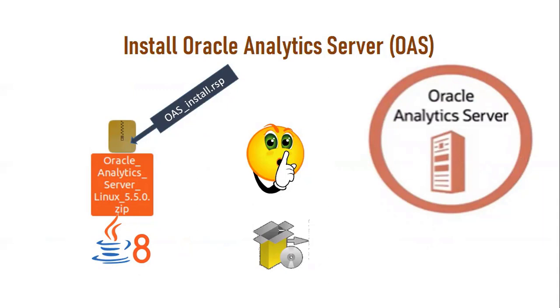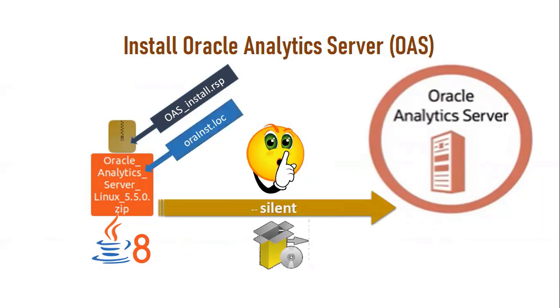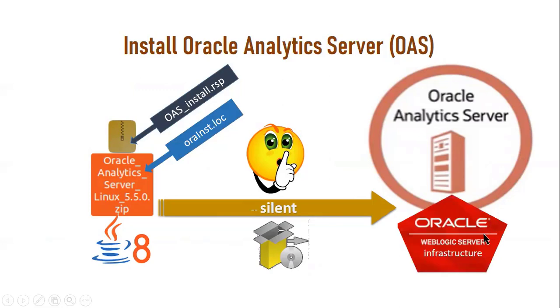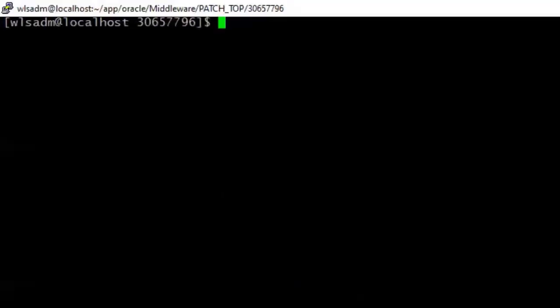Install Oracle Analytics Server, with the response file and your INSTLOC, which is already present in the U01. So OAS install.rsp is what we are going to create and give the silent option to create the Oracle Analytics Server on top of the WebLogic infrastructure. Let's do this activity.